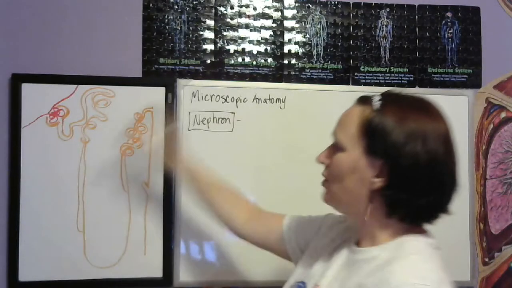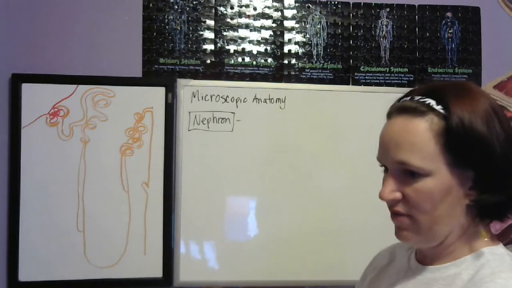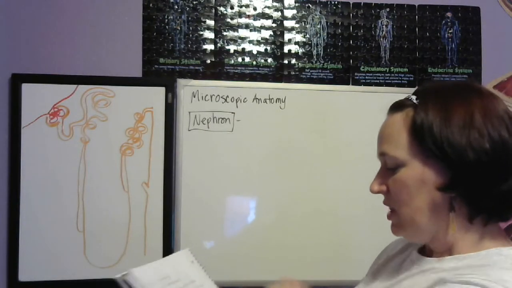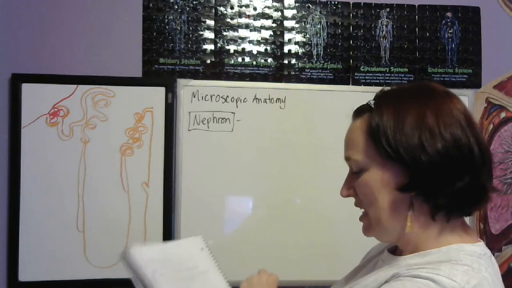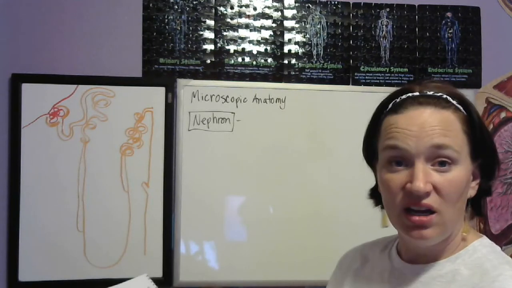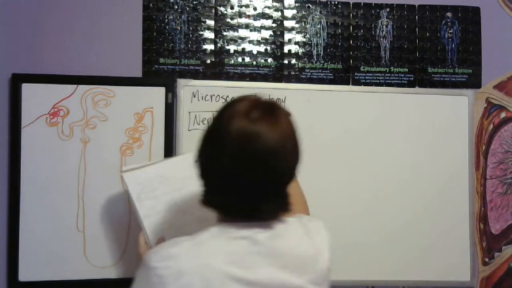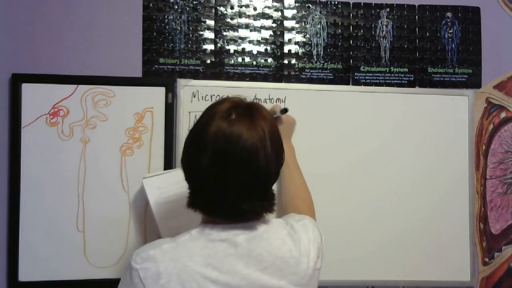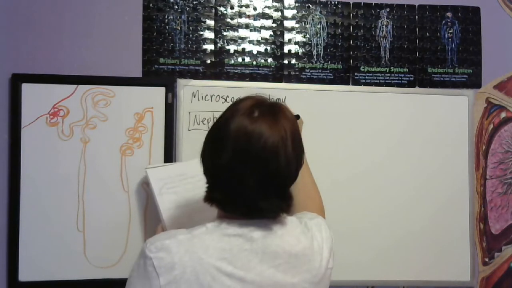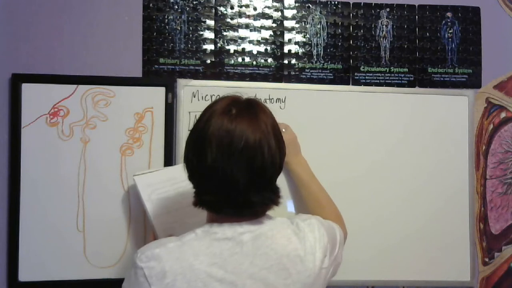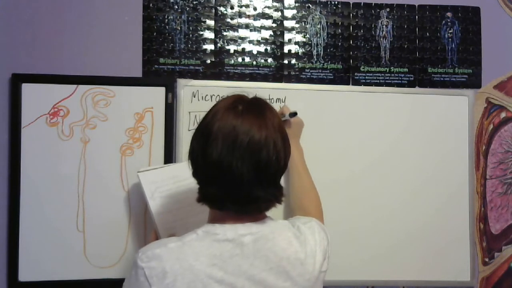Okay, so everything in orange here is the nephron. That is the functional unit of the kidney, meaning it does the job of the kidney. This is where it's split into three different parts, steps.